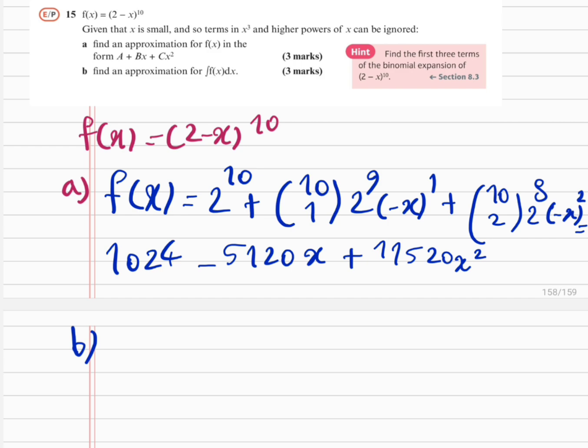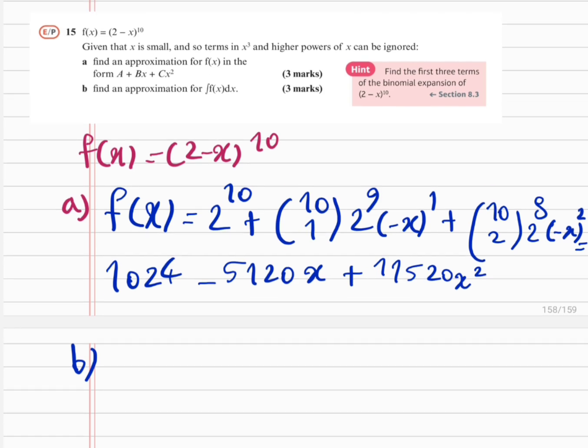So for part B, we want to find an approximation for the integral of f of x. So it's just saying to use what you found in part A and integrate that. The reason this is an approximation is because we are not using the total expression for the function.